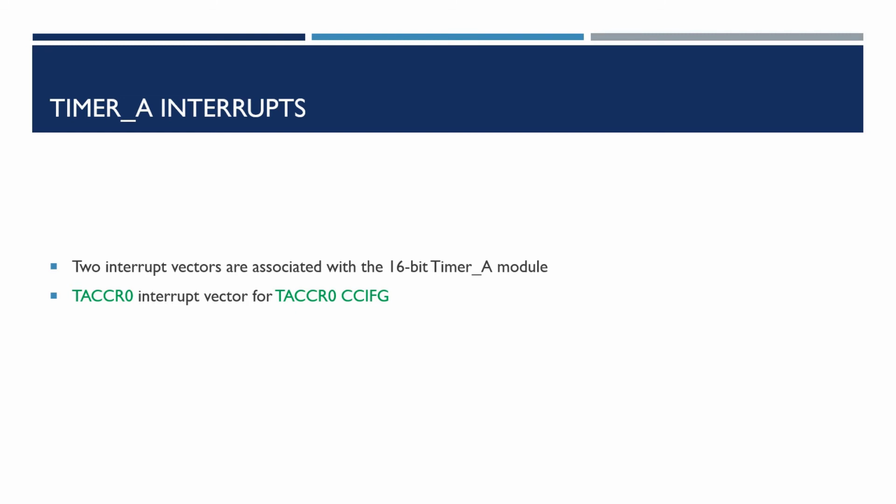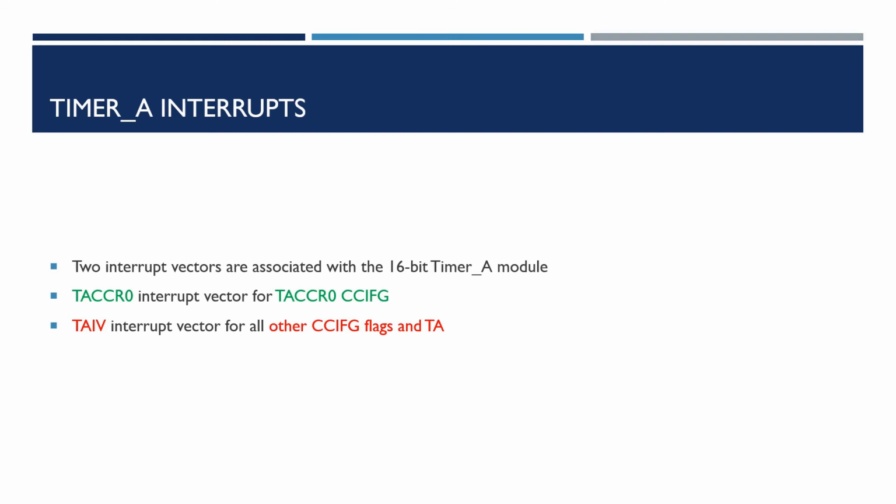So we have used the TACCR0 interrupt vector for that purpose, and it's got the highest priority. And the next vector that we have is TAIV, and this is used for all the other CCIFG flags, that is your CCIFG 1 and 2 and all of that, and also for your timer A interrupt, which is your TAIFG basically. So TAIV is used for everything else.